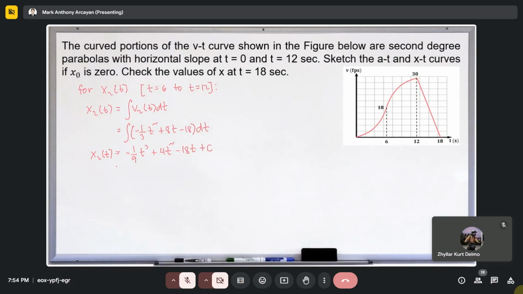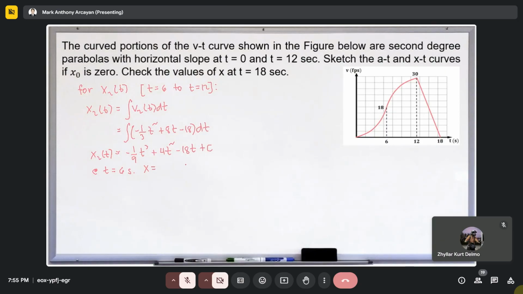To solve for c, we'll make use of the values. At t equals 6 seconds, what will be the value of the velocity? Not the velocity, rather, the displacement, sorry. What would be the value of the displacement x?